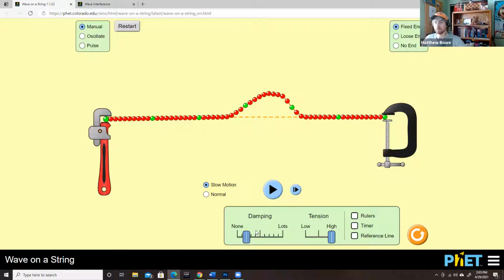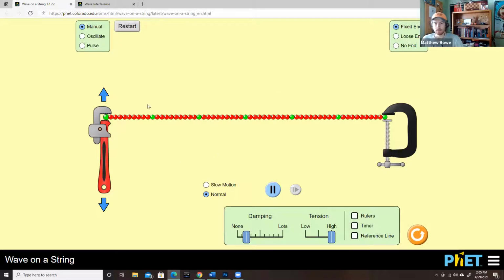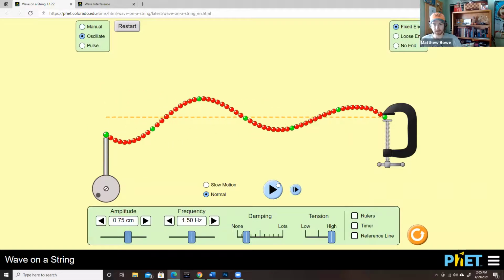Specifically for this first part, let's reset. I need to click on oscillate in the top left, and let's pause it before it keeps going. I need to set no end in the top right.